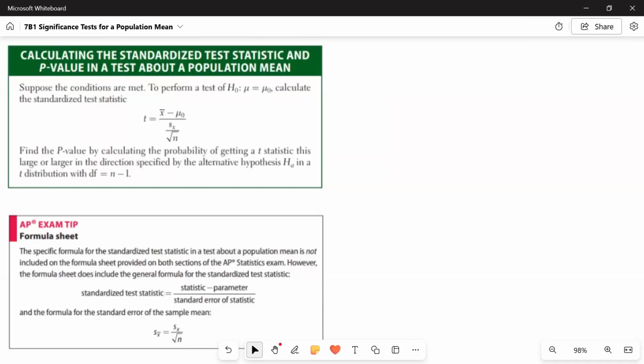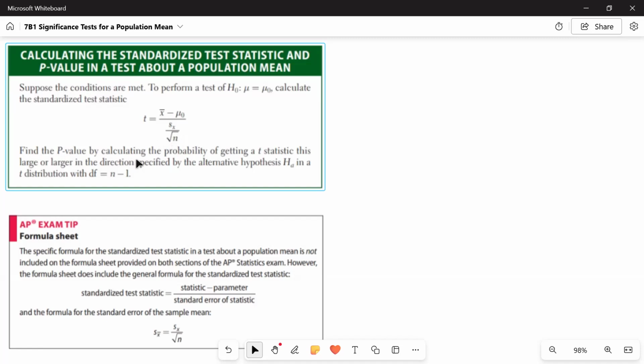So here's how we calculate the test statistic. If the conditions are met to perform a hypothesis test, calculate the standardized test statistic. t is equal to the sample mean minus the null population mean from your null hypothesis divided by the standard error of the sample.